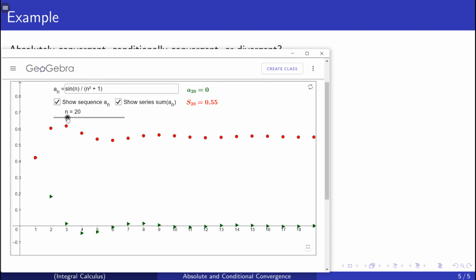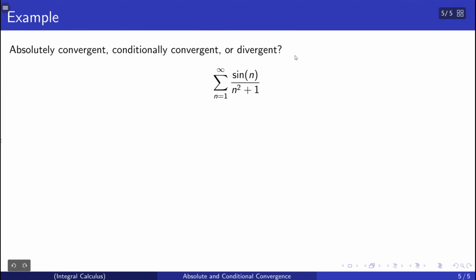So the pattern is irregular there. It's not just plus, minus, plus, minus. It's plus, plus, plus, minus, minus, minus, plus, plus, plus, and so on. So think about this on your own time and try to see whether you can prove it's one of these.